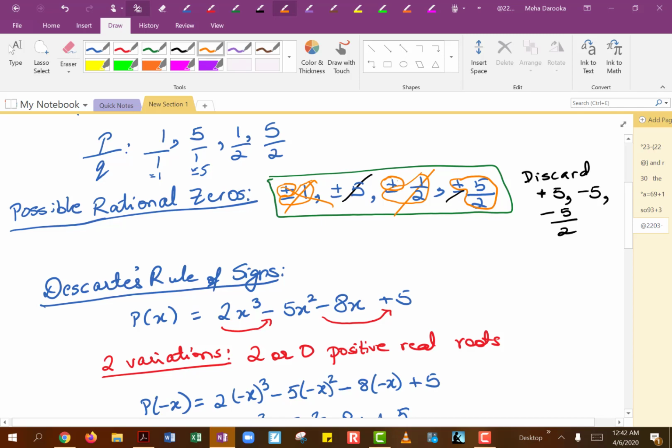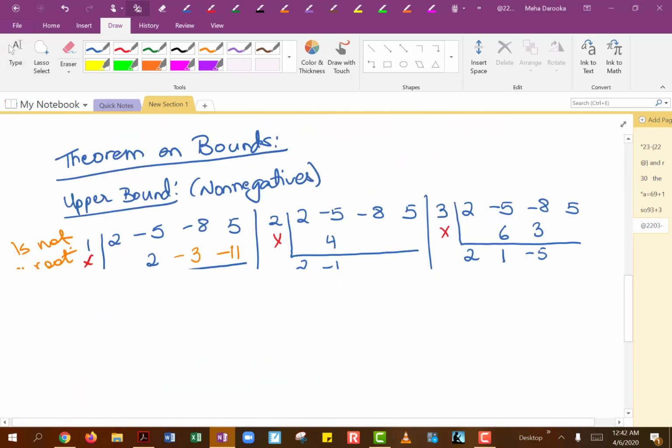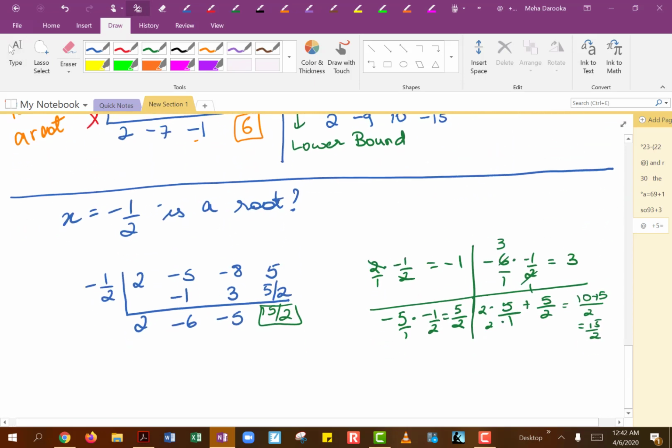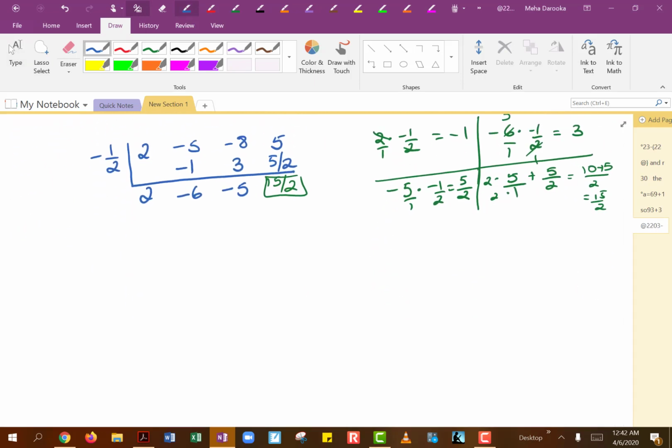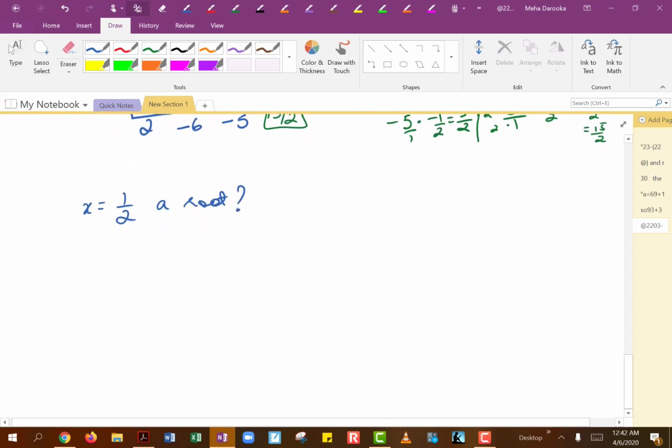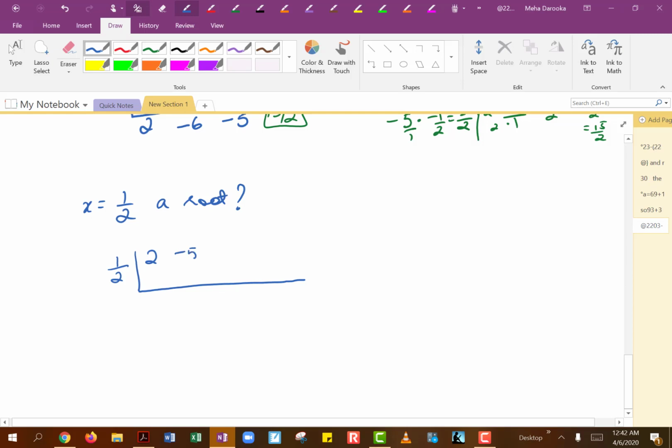So now let's check and see if positive 1/2 gives us anything or not. So is x equals 1/2 a root? So 1/2, and our polynomial is 2, -5, -8, positive 5. So let's start by bringing that 2 down.